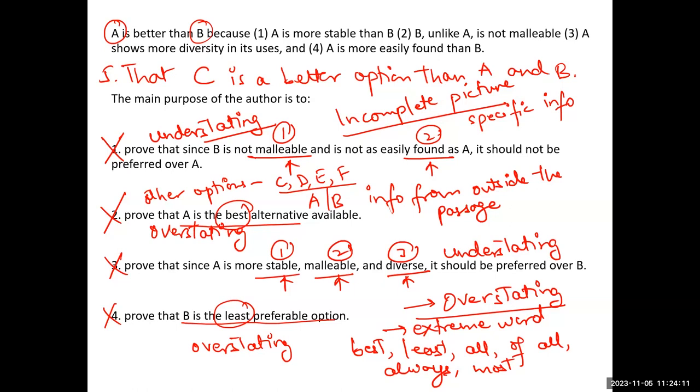Can I say that the main idea is to prove that C is a better option than A and B? You will say no. Why no? Because nothing has been mentioned about C. If I want to know whether C is a better option than A and B, then I need information from outside. So number 5 option is also overstating. Without using an extreme word, it is overstating. But yes, if an option is using an extreme word, then immediately you know it is overstating. Did you get my point? Did you understand this? Yes, sir.